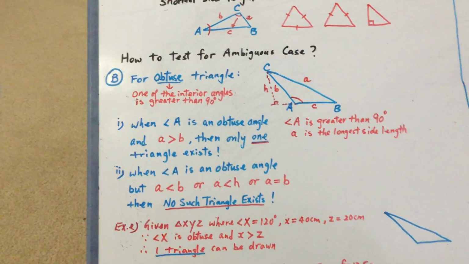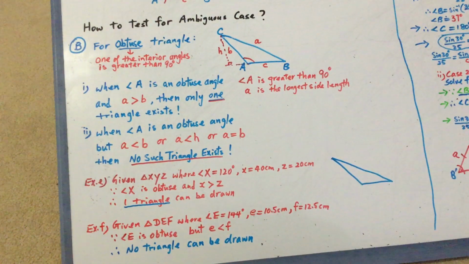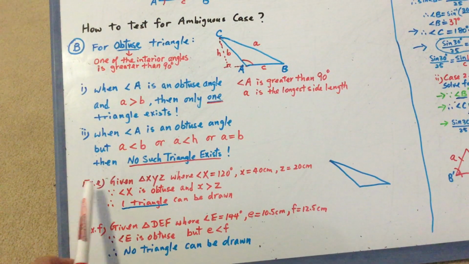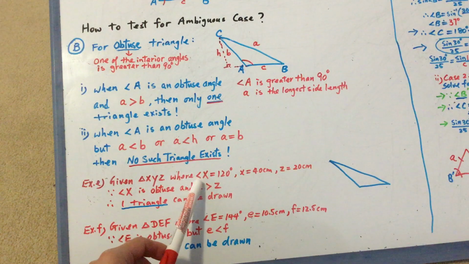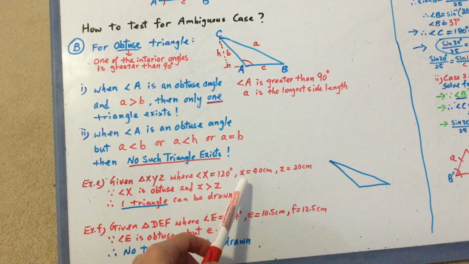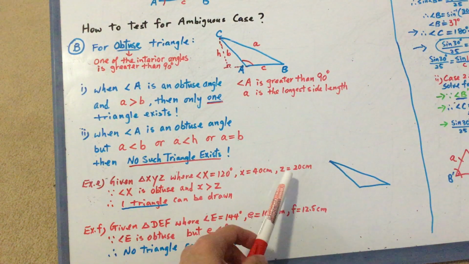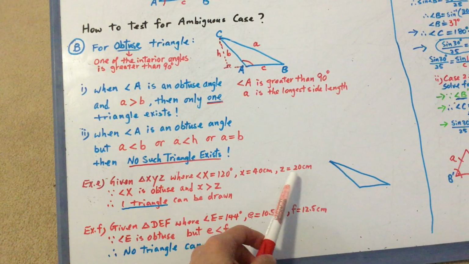So I'm going to quickly show you two examples from the worksheets. In example E, you are given the triangle XYZ, where the angle X is 120, length X is 40, and the other length Z is 20.